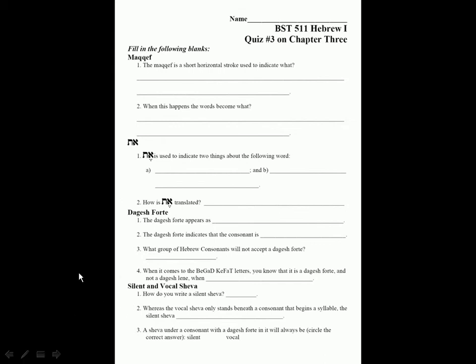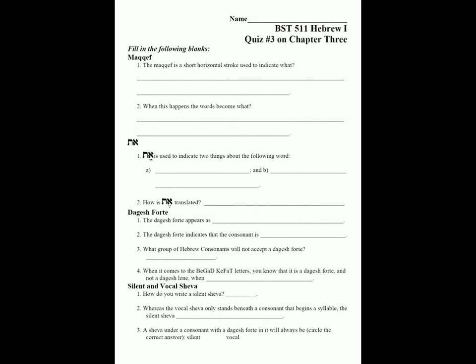Imagine it with two consonants there. There's a schwa under both of them. It's doubled, so it's marking the end of the first one and the beginning of the second one. But when a schwa stands under a consonant with a dagesh forte, it's always going to be a vocal schwa.